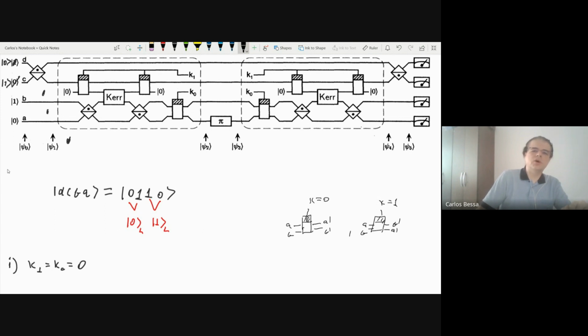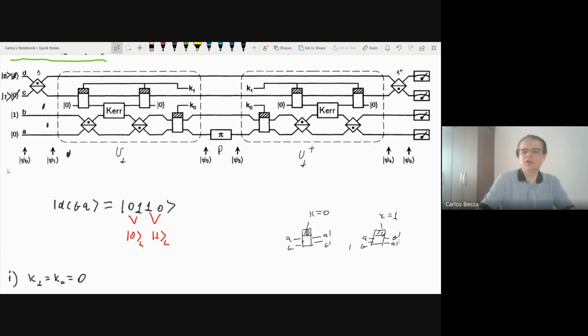It doesn't matter if it's K1 or K0, it's the same. And K1 is acting on the top. So this is our Fredkin gate that we just studied. This is just a phase shifter here. That's problematic and we will see why. And this is again the same. So this is U of F, and this is U of F again. This is a beam splitter. This is the beam splitter diagram. In the end, you measure.